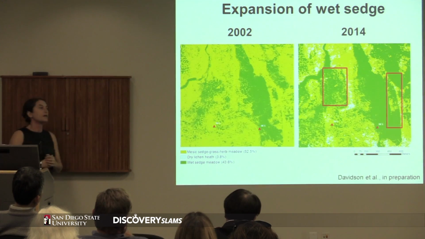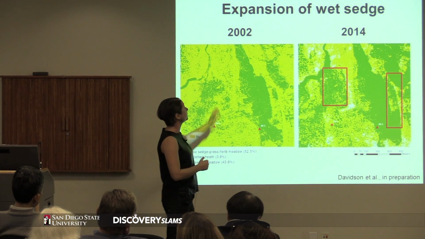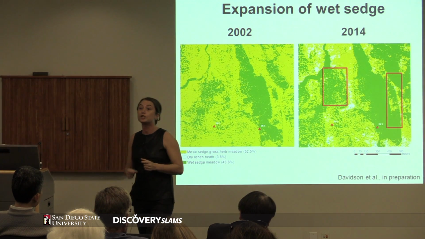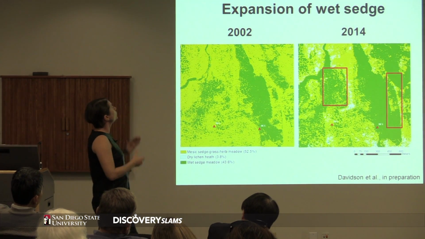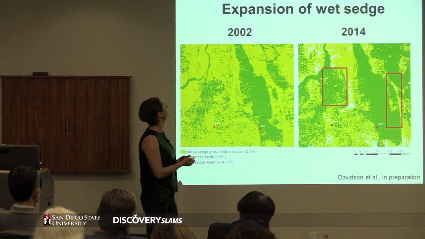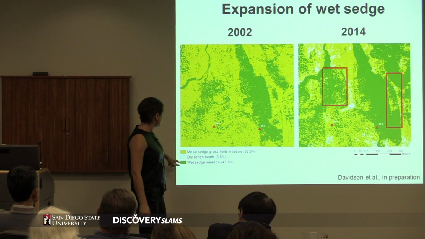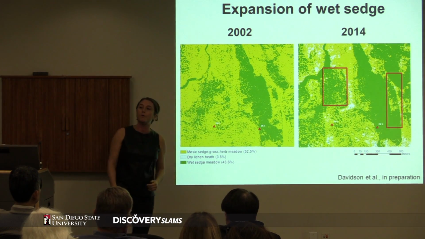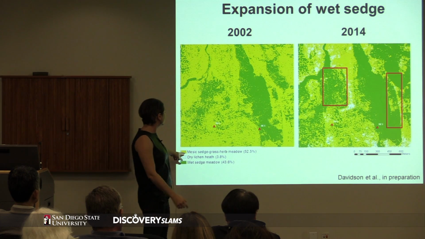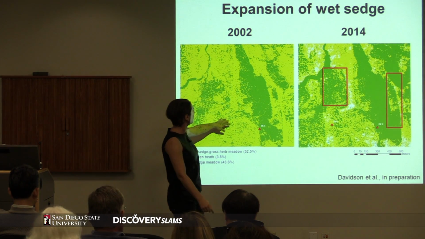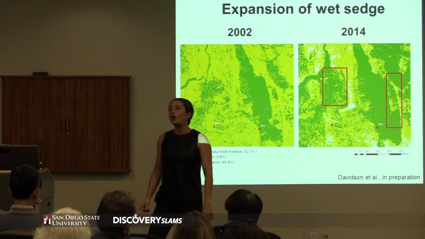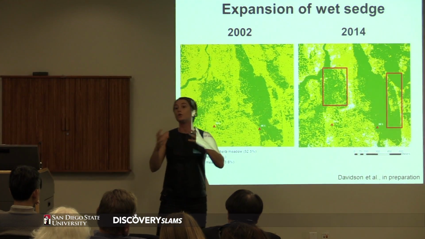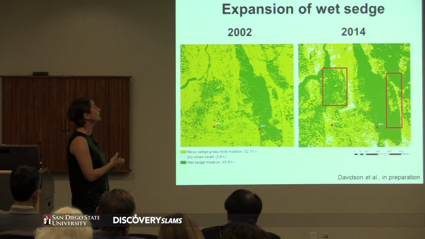From his preliminary work, he's already noticed that over a decadal time range, which is a very short time for vegetation, there is a huge difference in the vegetation at some of these sites. The green are this wet sedge meadow community. As you can see, there is a large expansion of these wet sedge communities over these drier mesic sedge meadows that are a more yellowish color, which means that this is probably related to the hydrological change, but this is also probably affecting the fluxes over the entire period.